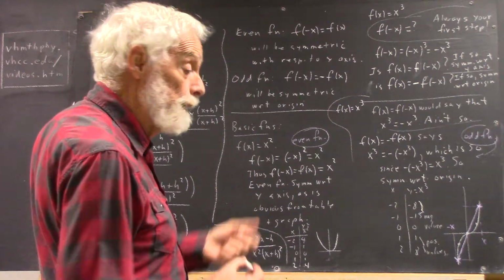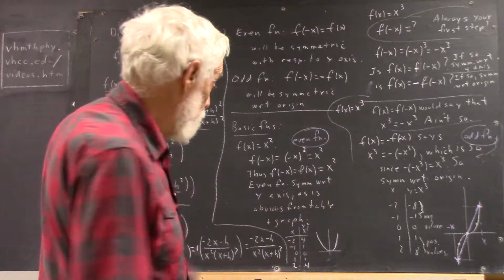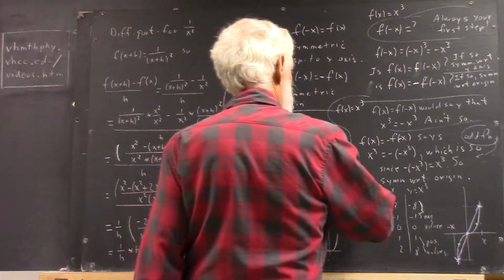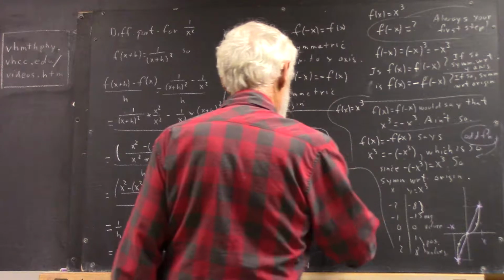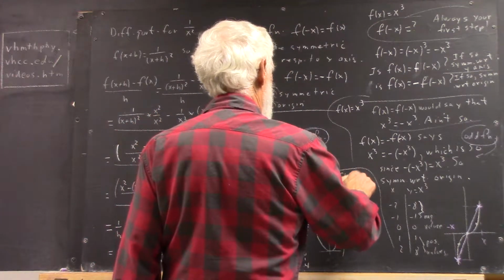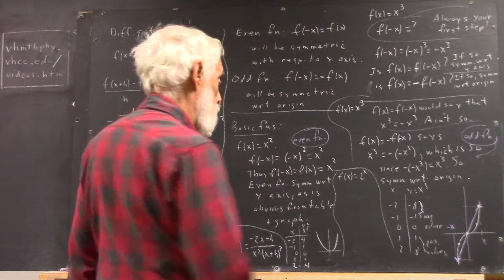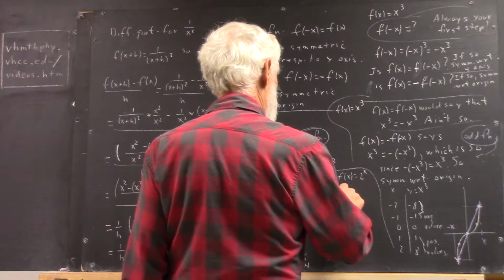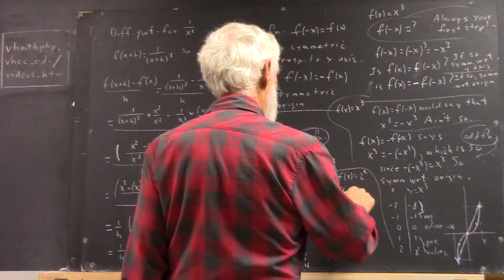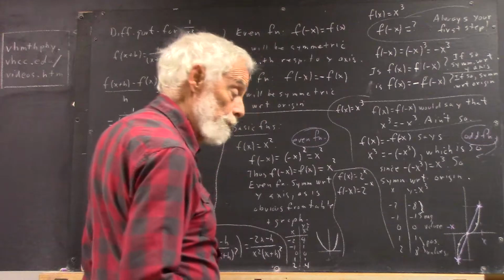Now, one example I didn't do would be a function that's neither. And one of your basic functions, I have to do this in small space, f of x equals 2 to the x. Now I'm just going to show you that f of negative x then is 2 to the negative x, which ought to be very clear.